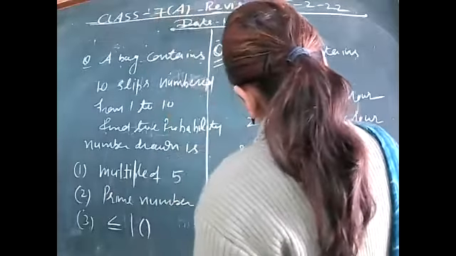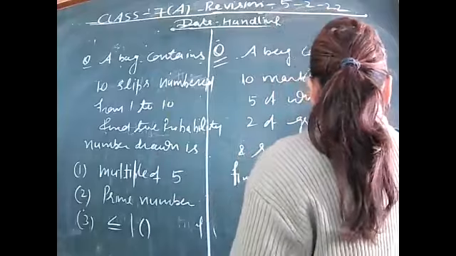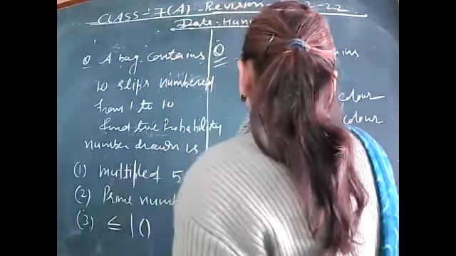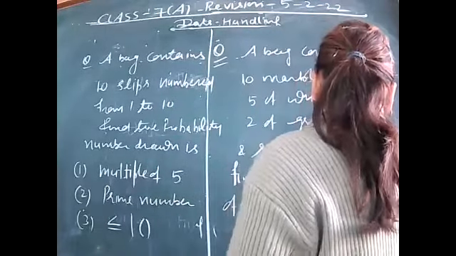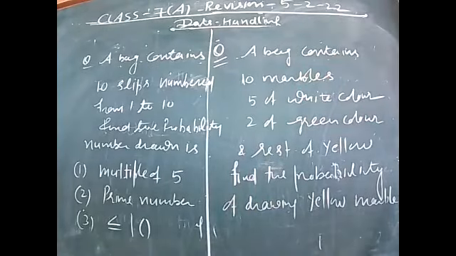Find the probability of drawing yellow marble. 5 marble of white color, 2 marble of green color, rest are of yellow color. Find the probability of drawing yellow marble.